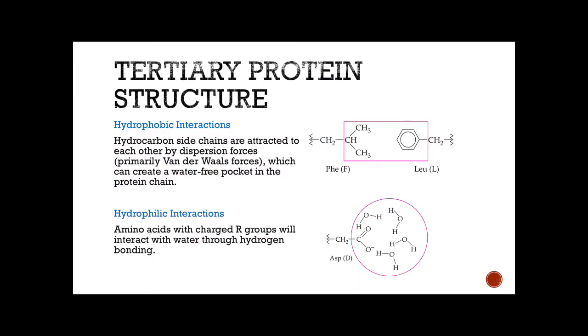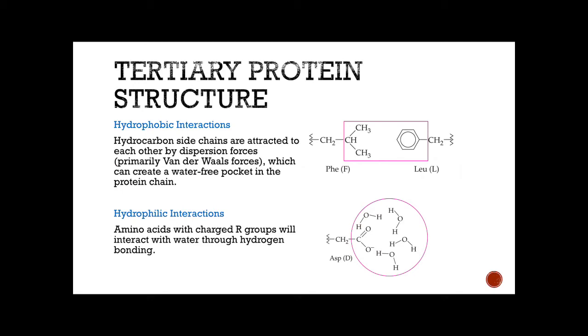Okay, so first up we have hydrophobic interactions. The hydrophobic R groups will cluster together to create a water-free pocket. Remember when we talked about nonpolar amino acids, we talked about how those are hydrophobic. They don't want to interact with water because they're nonpolar, so they cannot form bonds with water.